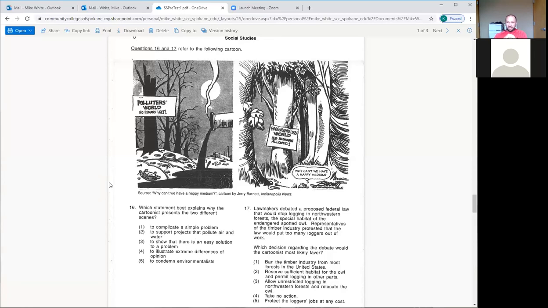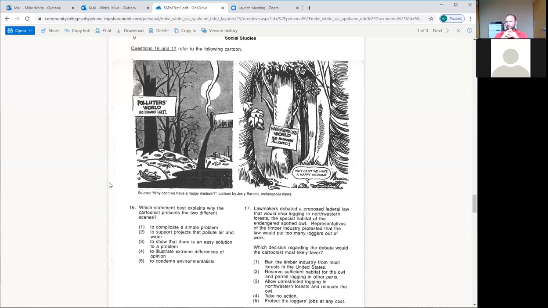Yeah, that to me stands out as being clearly right. The cartoonist is using these pictures to illustrate that on one side, you have people who are not concerned about the environment at all, and they're ready to just burn it down. On the other side, you have people so concerned about the environment that they're not willing to take into account human needs and wants, right? So 4 is the right answer here.